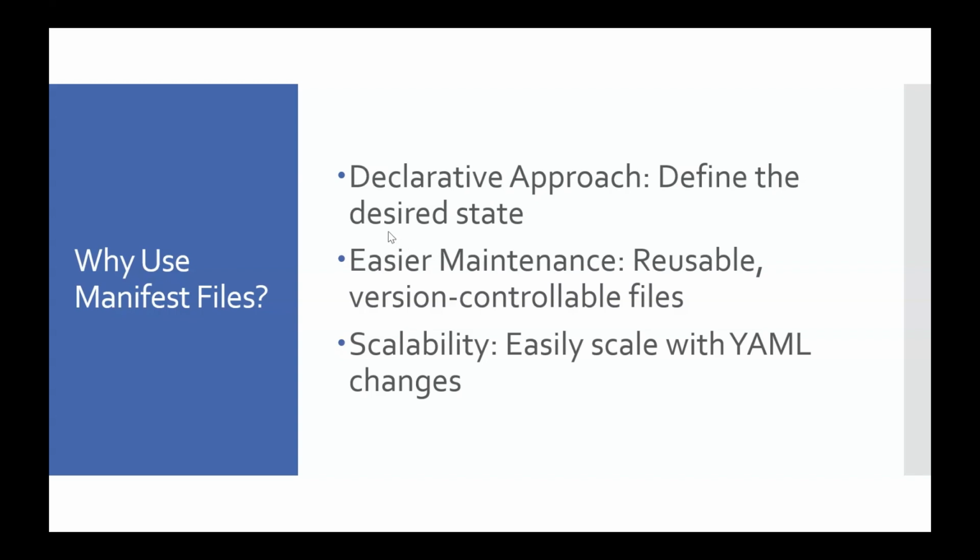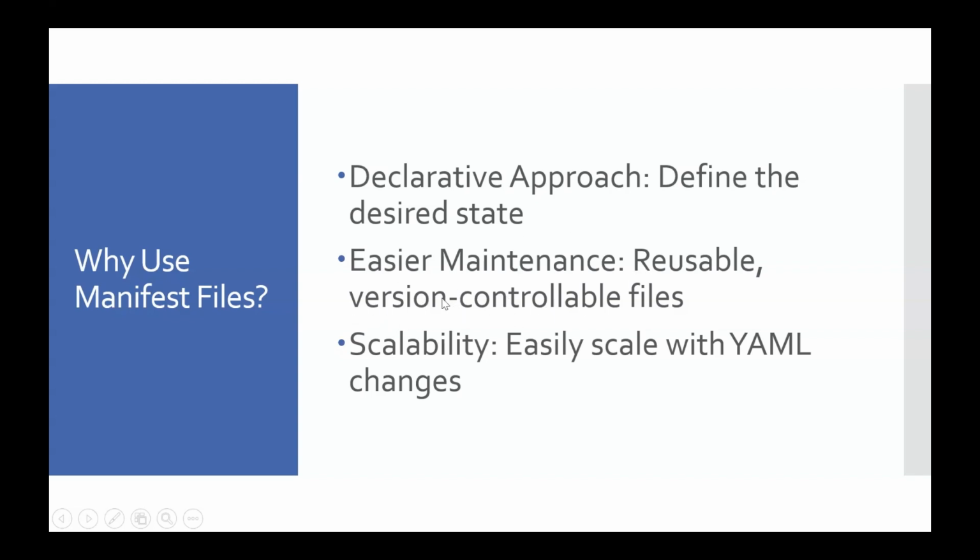You can create modules or files and you can reuse them. You can call the same files and supply the parameters, and also you can keep your Kubernetes manifest file inside version control, like GitHub, Azure repositories, Bitbucket, or any other version control.